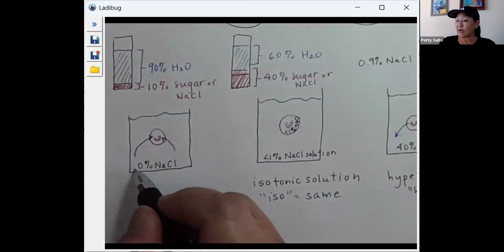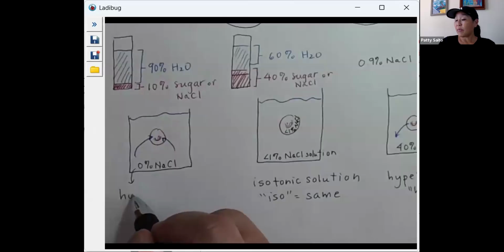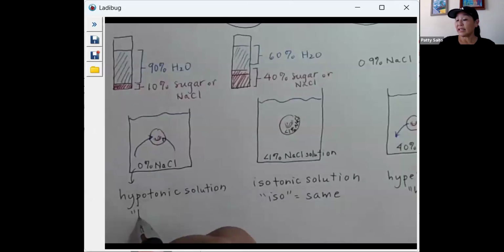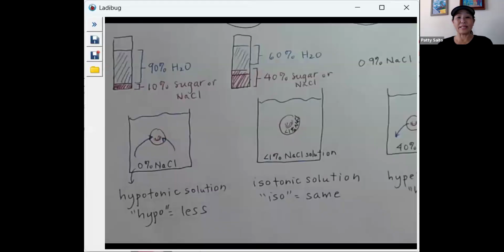And this solution out here is called a hypotonic solution. Hypo means less than. We saw hypochondriac, it means under the ribs. Hypothermia is your body temperature goes below normal. So hypo means less.